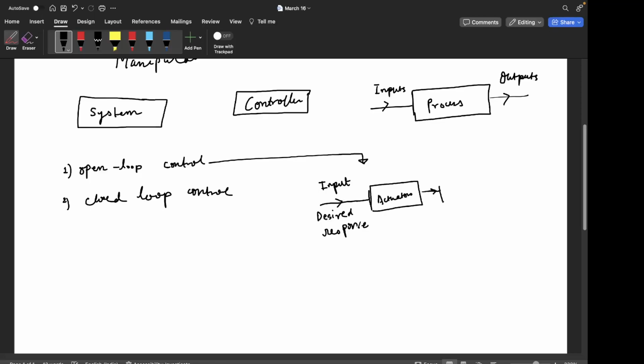Then the actuators apply certain torques on your process or system, and you get the output.